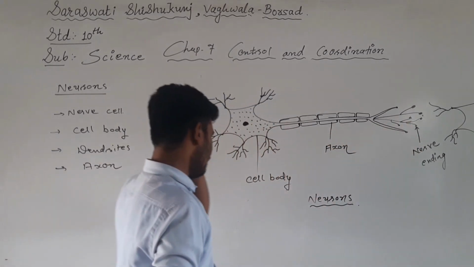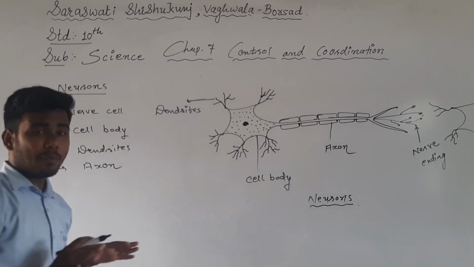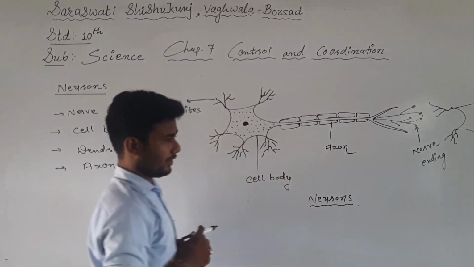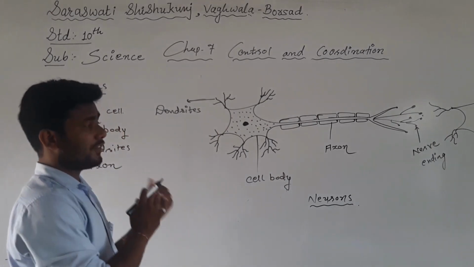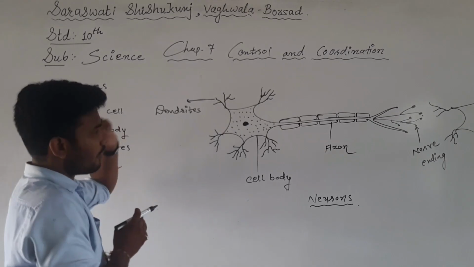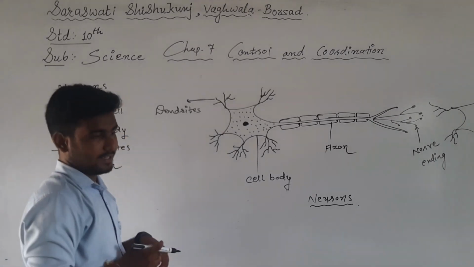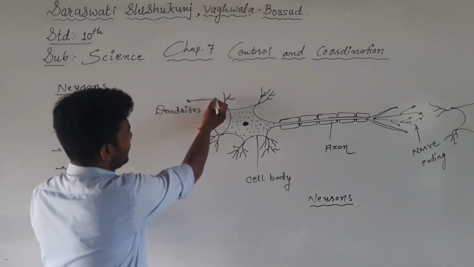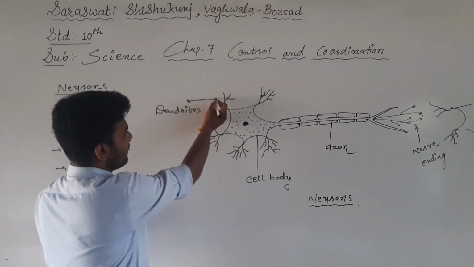Now let's understand how the message is conveyed from one neuron to another neuron, how the flow of stimulus is done. First of all, through different receptors, the message is conveyed to the dendrites.